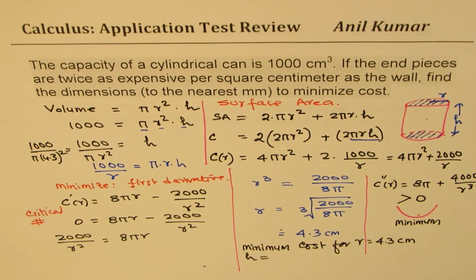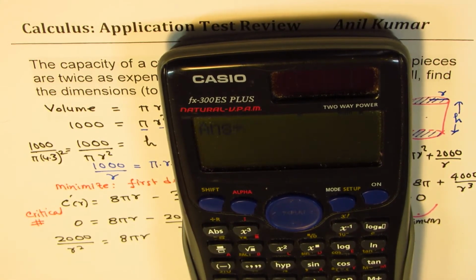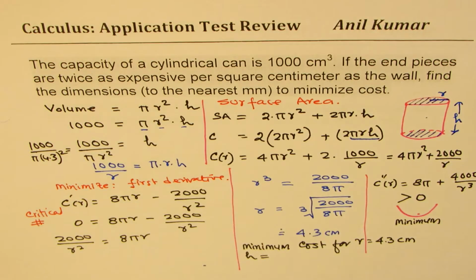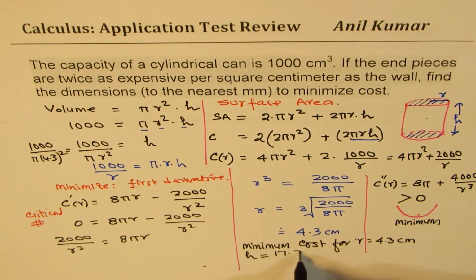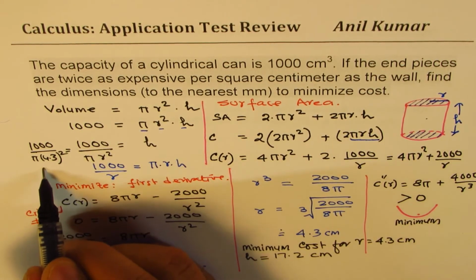So let's calculate this. 1000 divided by pi. Now we'll divide this by 4.3 square also. So that gives us 17.2. So height is 17.2 centimeters. Is it okay? So this is 17.2.